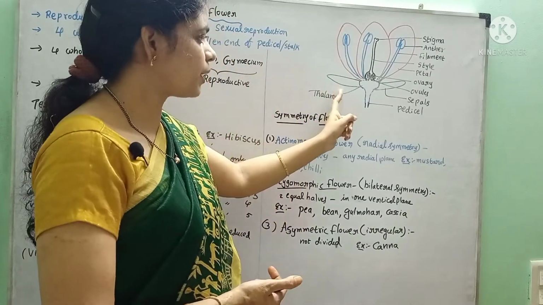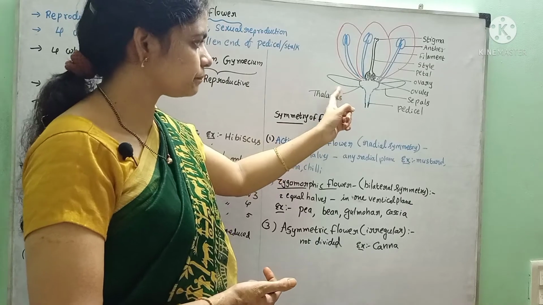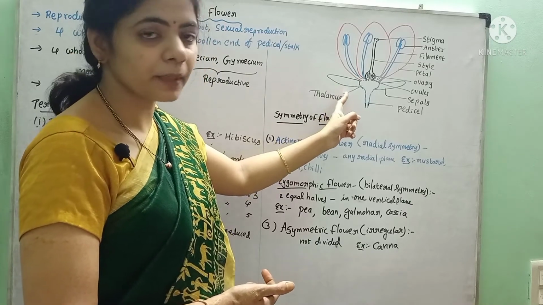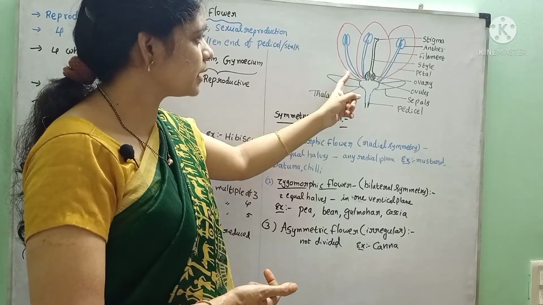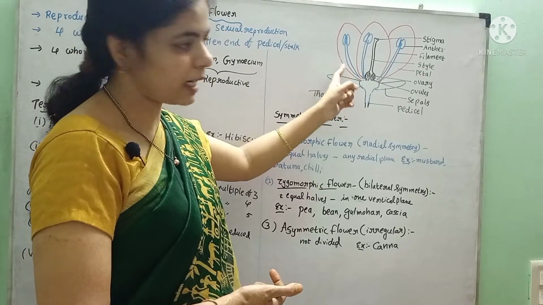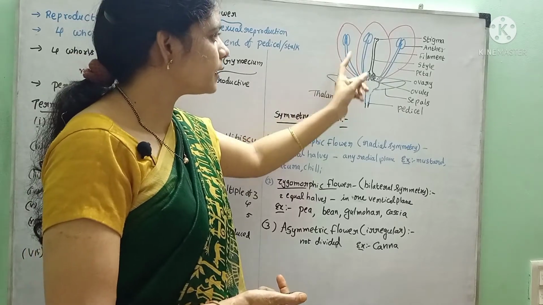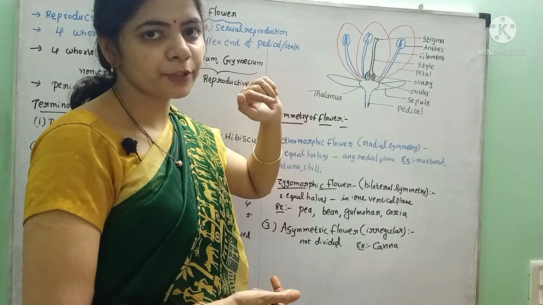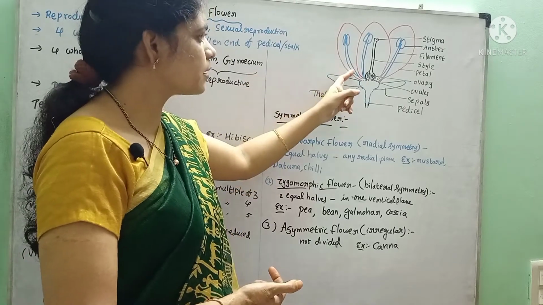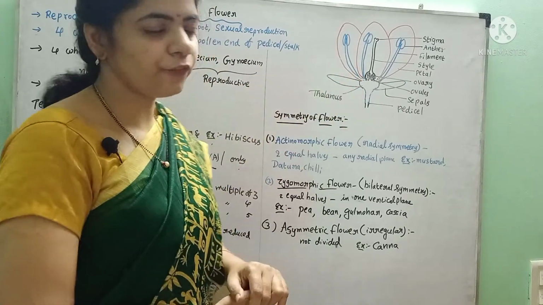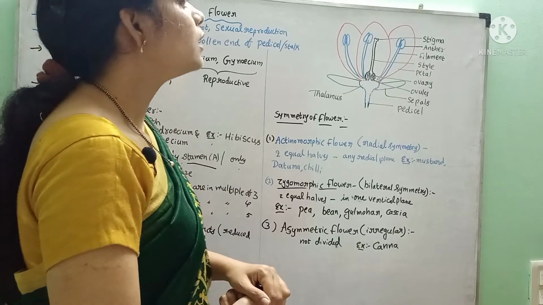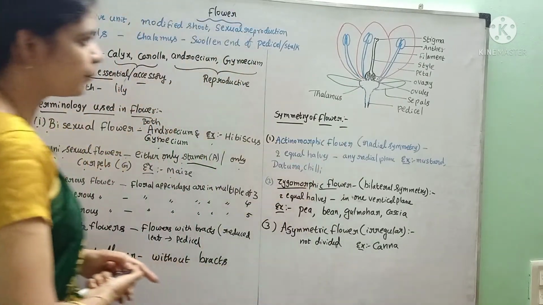The outermost whorl is the calyx, which is a cream colored part, and the second whorl consists of the colorful part called corolla, and the third whorl consists of the male reproductive organ called stamens, and the innermost or fourth whorl consists of gynecium.